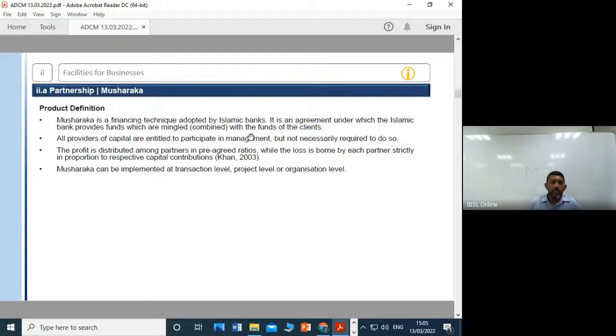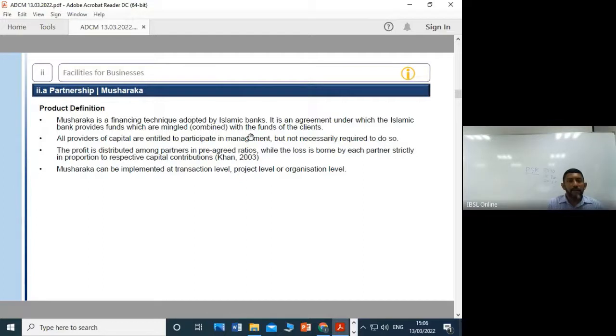The profit sharing ratio can be any ratio agreed between the partners, in this case the customer and the bank. It can be 90-10, 15-85, 50-50, or any other ratio, as long as it adds up to 100. That is the mathematical requirement.